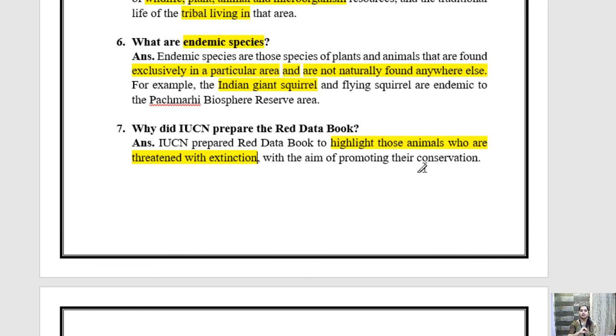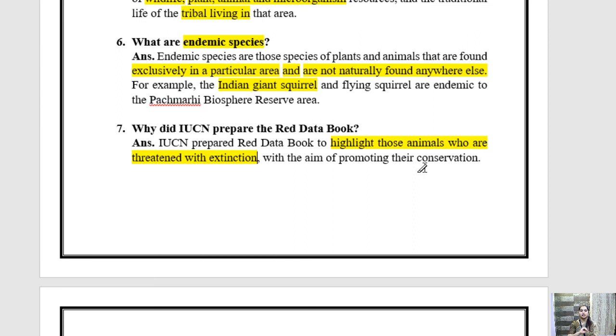Then they protect wildlife, since wildlife depend on forests for food and shelter. Obviously, so this forest is a habitat of wildlife. So they live there, they survive there, they nurture there, they get shelter there. So this forest is very useful for wildlife.